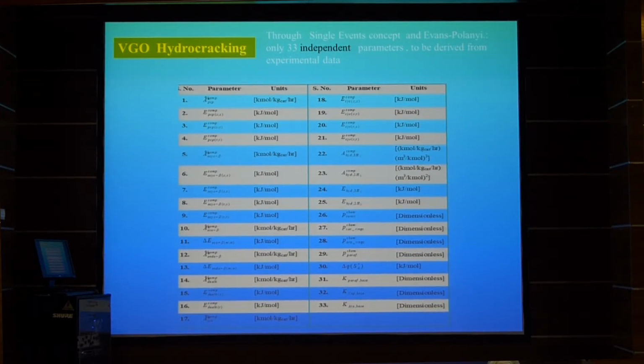When you do this complete analysis, the way that I outlined it, for VGO hydrocracking, I need something like 32, 33 rate equations, and it was possible to determine in a reliable way these 33 experimental values for the rate coefficients for the hydrocracking of VGO.